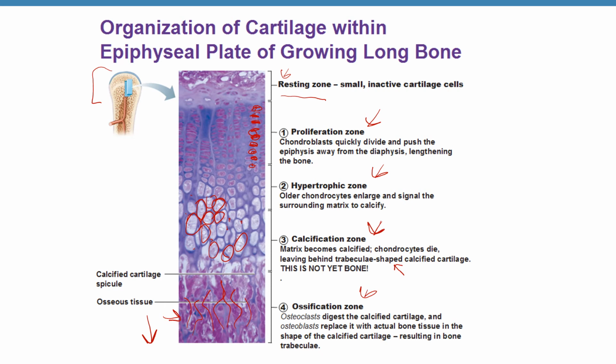So yeah, it doesn't show it much. So osteoclast is gonna digest this cartilage, and osteoblast starts secreting osteoid. So that starts secreting the bone tissue, and calcified cartilage is replaced by actual bone tissue in the shape of this calcified cartilage. So we're forming new trabeculae of the spongy bone.